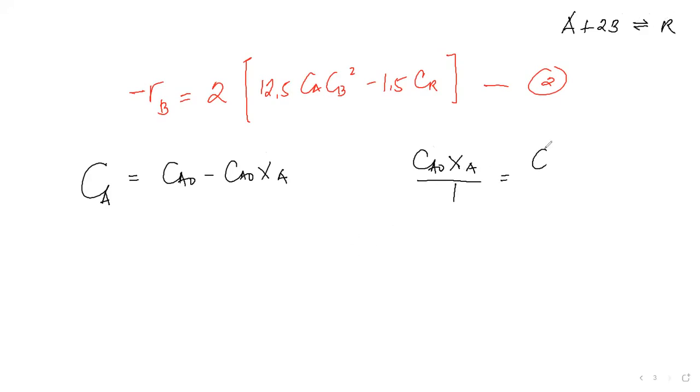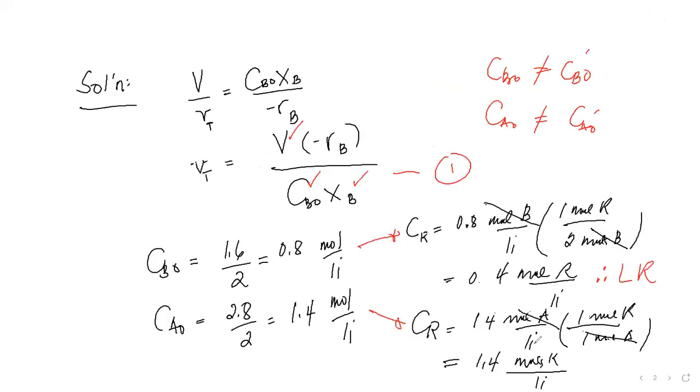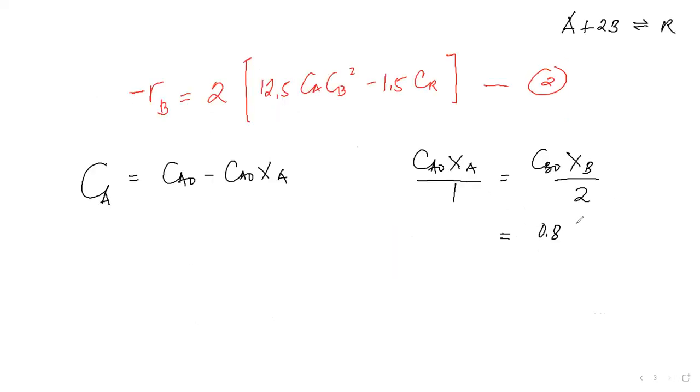1 is equal to CBOXB over 2. So if you know the CBOXB, you will know CAOXA. Your CBOXB will be solved using the CBO that we have here, which is already 0.8. So this is 0.8 times the conversion, which is 0.75, divided by 2.